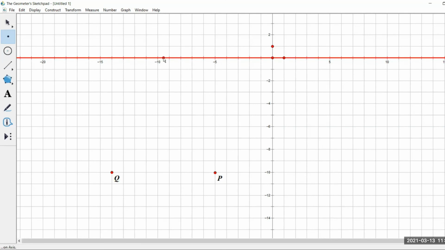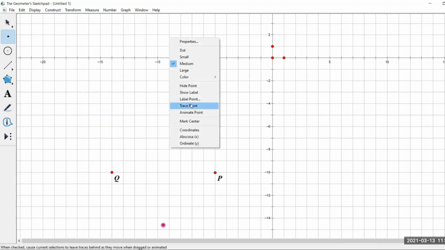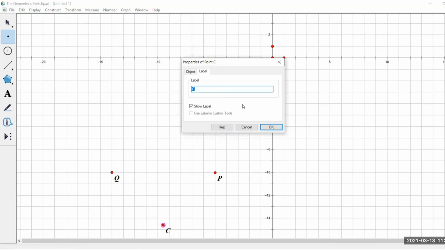And then we have -29 over 2 for y, which is -14.5. So -14.5 would be going down, going down. This is -30, -40, -50, so -14.5 is somewhere here. I'm going to label that point as R.